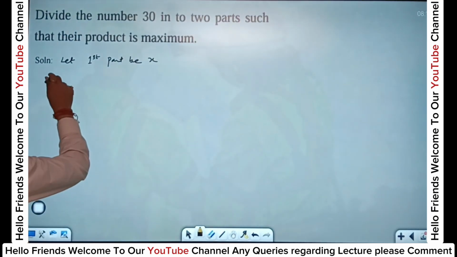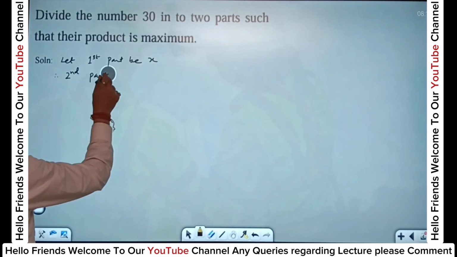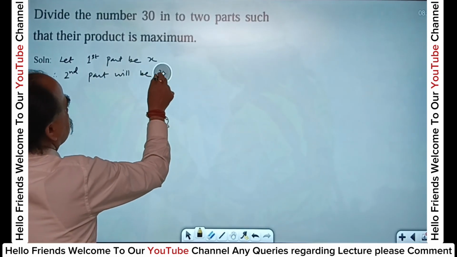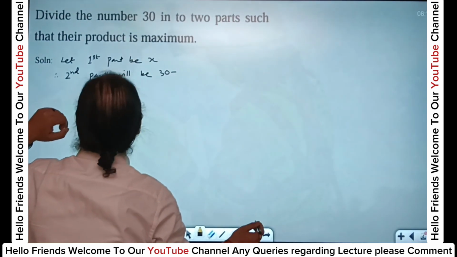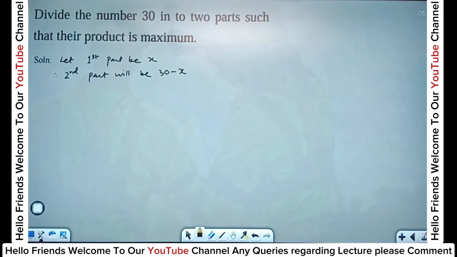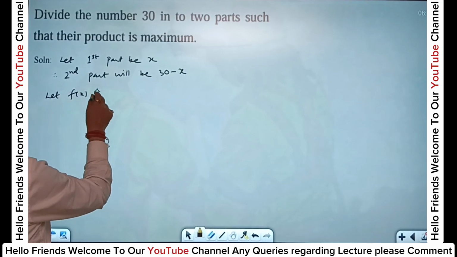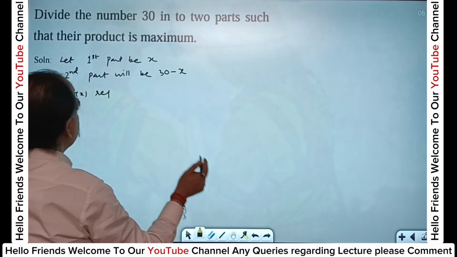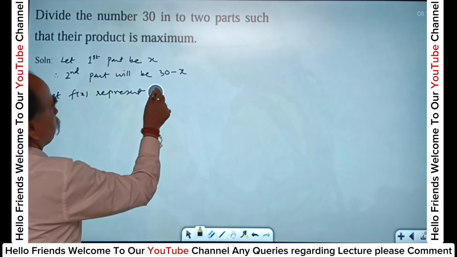Therefore, second part will be 30 minus x. Now, whatever we want to maximize or minimize, that we take as our function. Let f(x) represent product of the two parts.